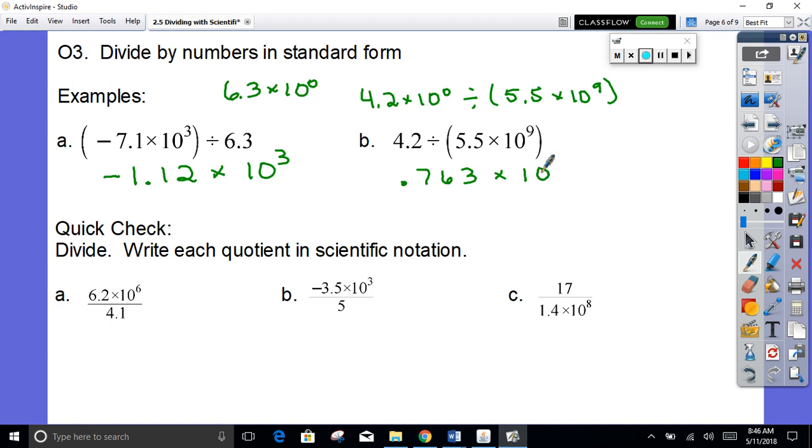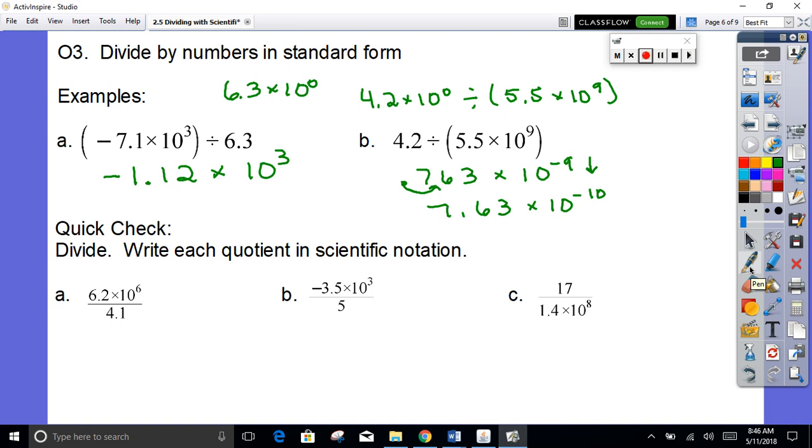So this becomes 10 to the negative 9th. Then we have to move our decimal to the right 1, which means that this has to go down 1. So we have 7.63. Negative 9 minus 1 is negative 10. So times 10 to the negative 10th.